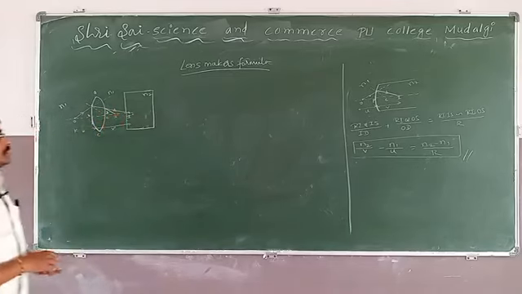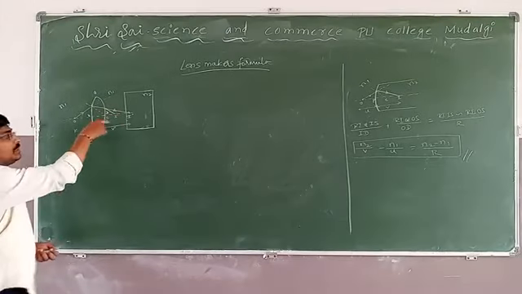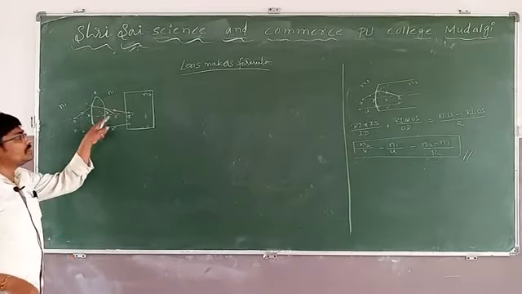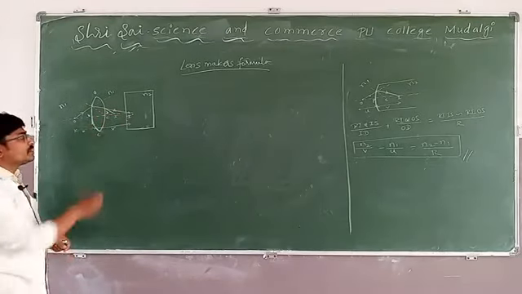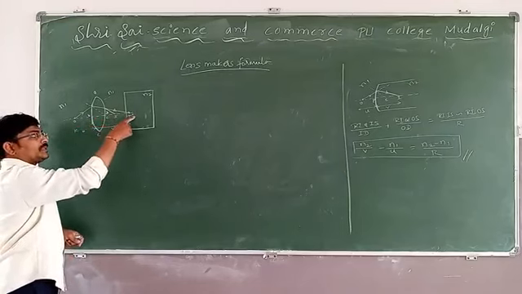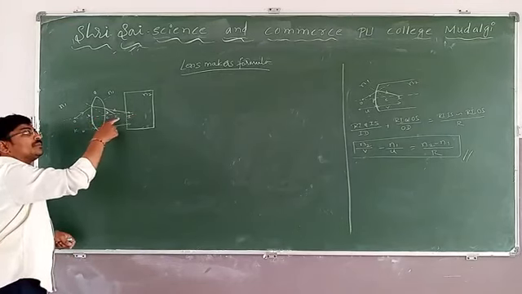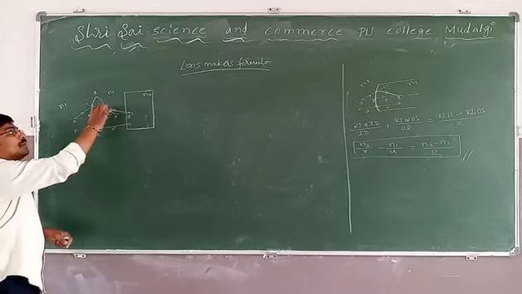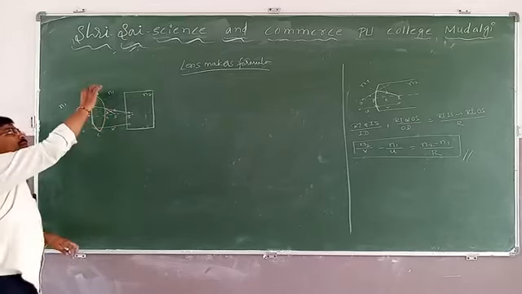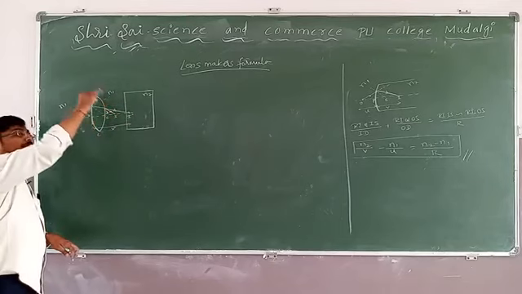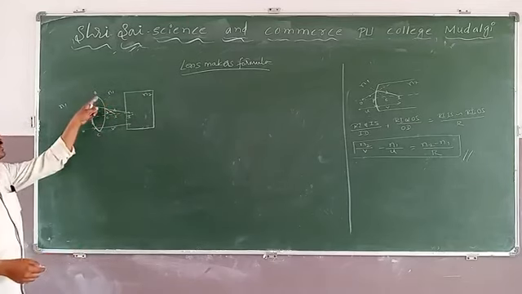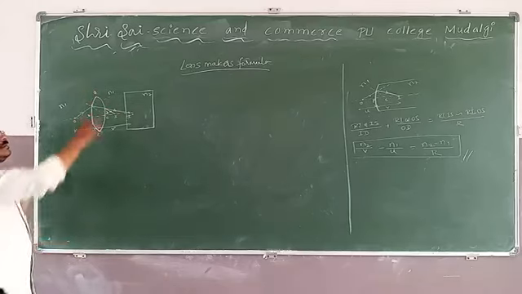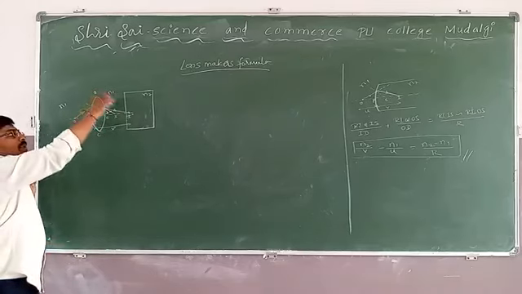It forms the image at I. Instead of getting the image at I dash, we get the image at I. Because of one more surface, it gets refracted once again. If there is only one surface, then image will form here.